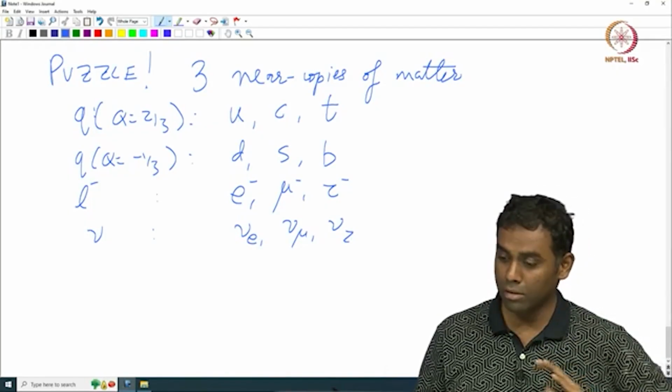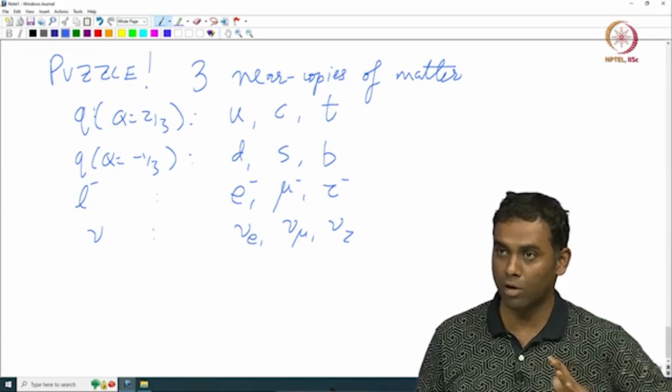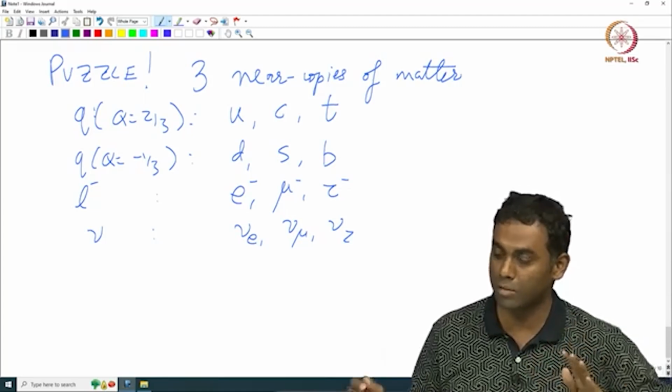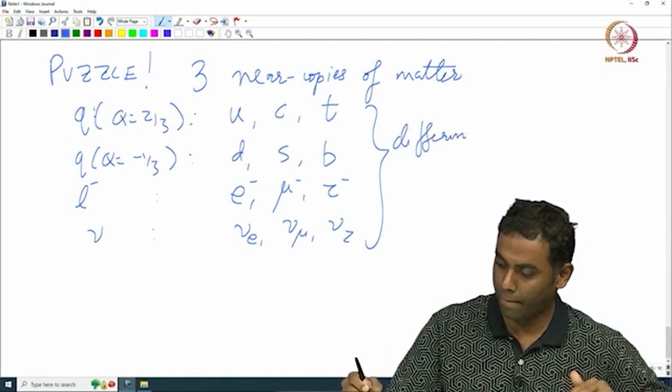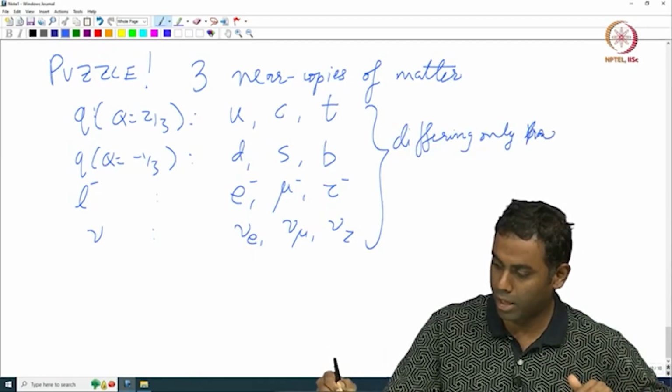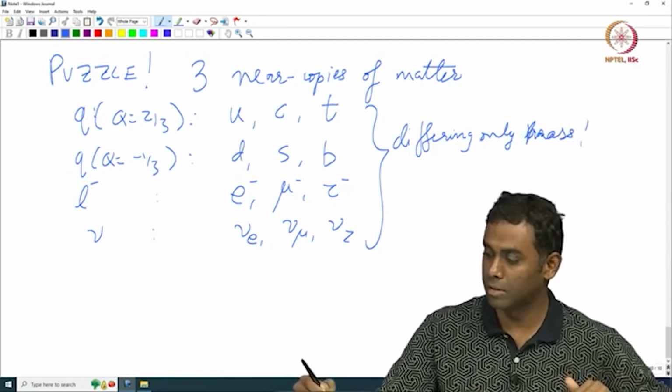And the reason I say near copies is they are all exactly identical except for their mass, right. Only by mass.